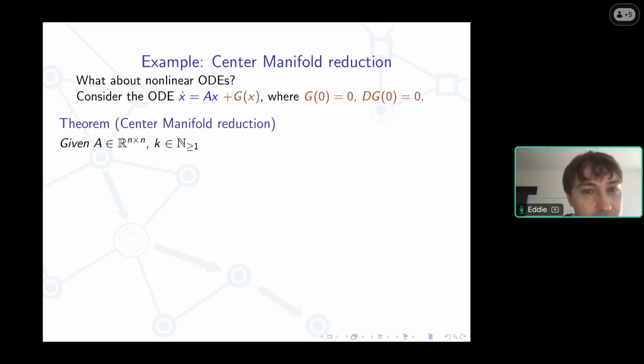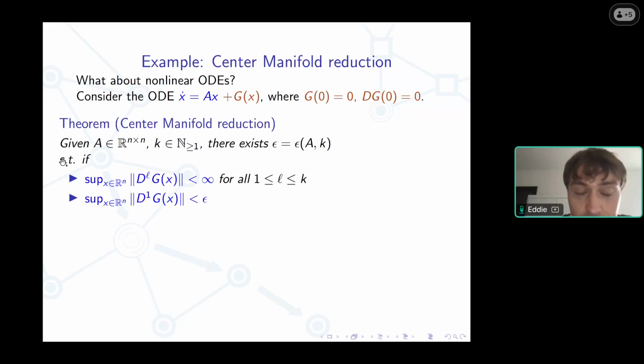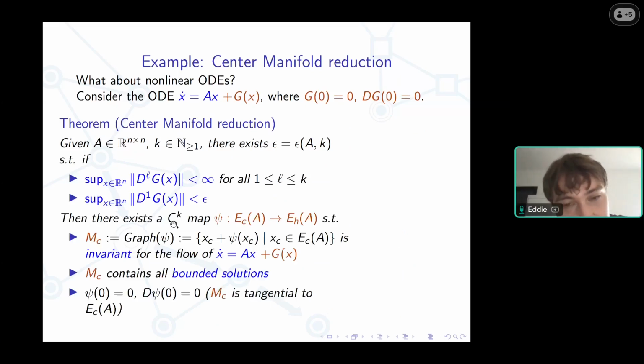The theorem, more precisely, is that given A, given some regularity, there exists an epsilon. There's always an epsilon. There is some analysis going on, such that if your nonlinearity satisfies some nice bounds, that we will not be interested in for the rest of this talk, but okay, you need some bounds, then there exists a C^k map from the center space of the linear part to the hyperbolic part, such that the graph of this map is flow invariant for the full nonlinear system.